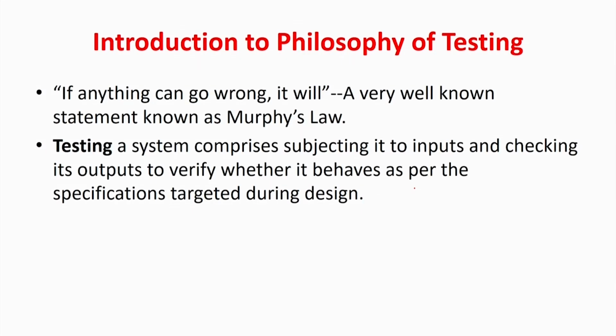Anyway, what is testing and why is it required? There is the very well known Murphy's law: if anything can go wrong, it will. That means whatever system you make, there is a chance that it may malfunction. Testing means, as simply as, you take a system, apply some inputs and find out whether the desired outputs appear at the output, or whether it is behaving as per the specification or not.